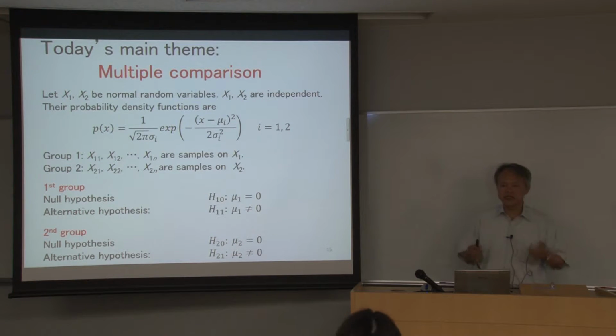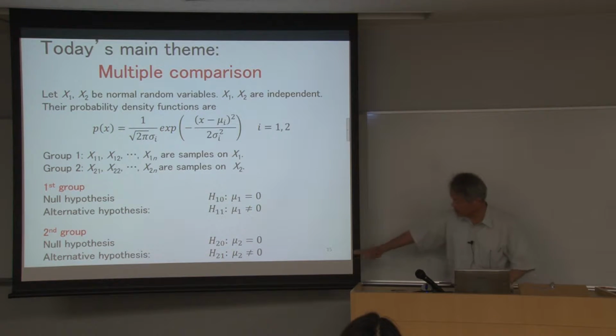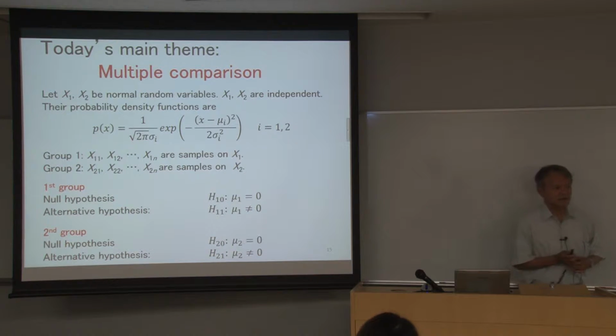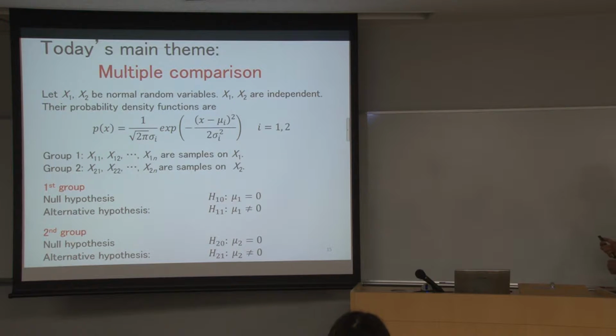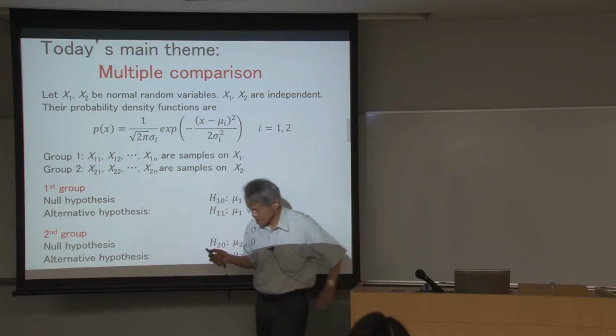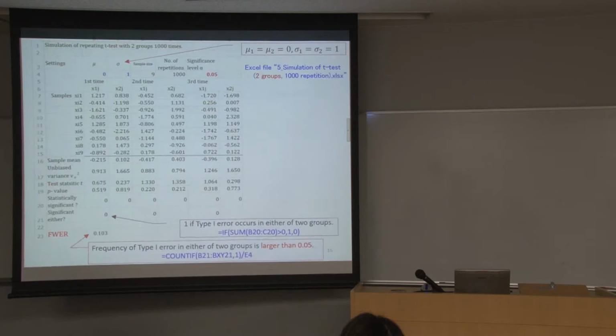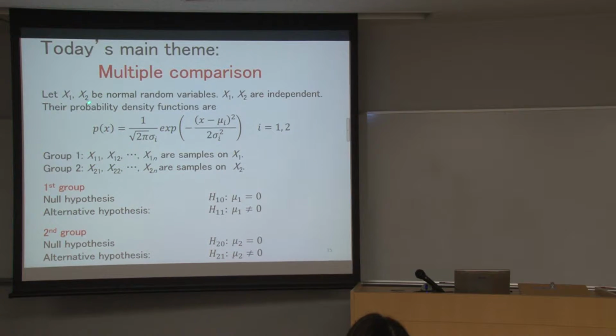Let me restart my talk from this slide, on page 15. We assume x1 and x2 are normal random variables, and these two variables are independent.